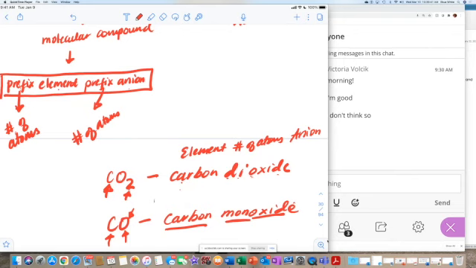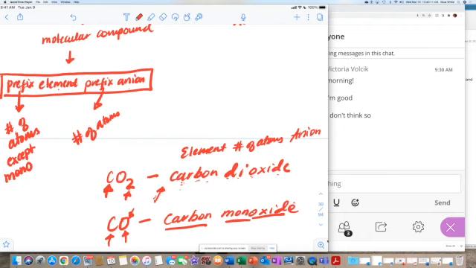Okay, why did I not say the number of atoms of carbon here? Because the rule is, even though the first prefix is the number of atoms of the first element, you don't write mono. So the first prefix, you can use di, tri, tetra, whatever, deca, any of the prefixes except for mono. The mono is somehow left out.